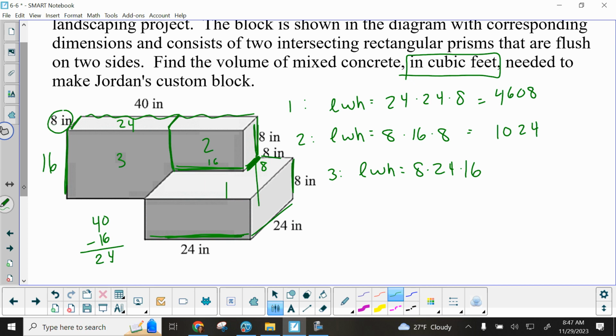And then the third one, I got 3,072. So remember, these are all in cubic inches. So now I'm going to add them all together. And I have this many cubic inches.